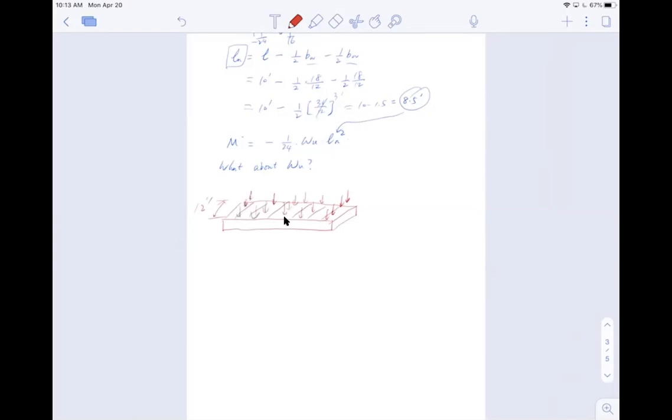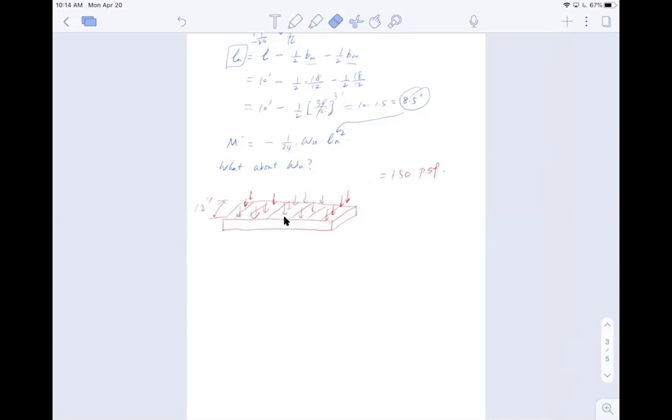And let's call this live load omega L. Let me just say, if the live load is 150 pounds per square feet, now what will be the distributed load on this? So first of all, let me not use omega LL, to differentiate.